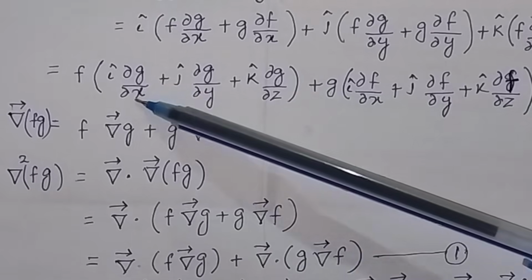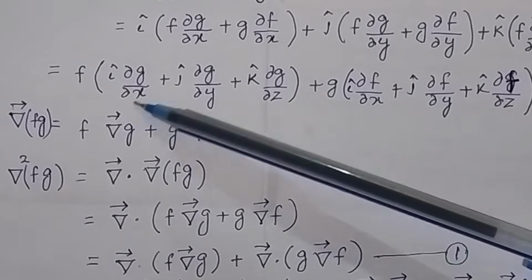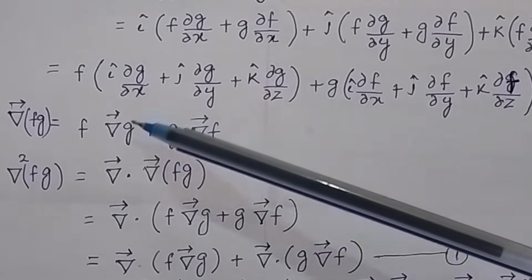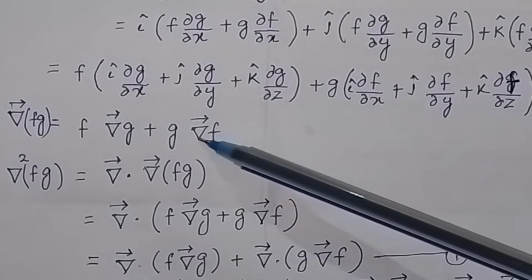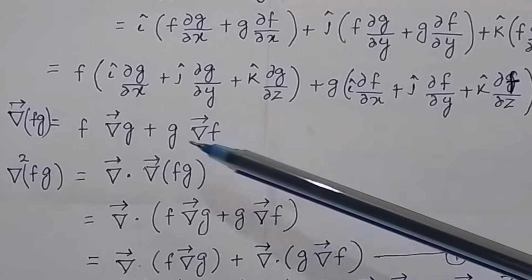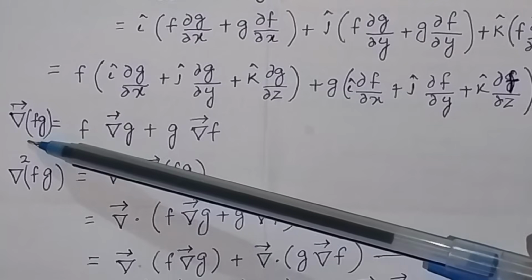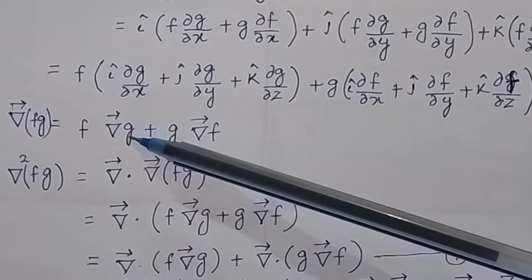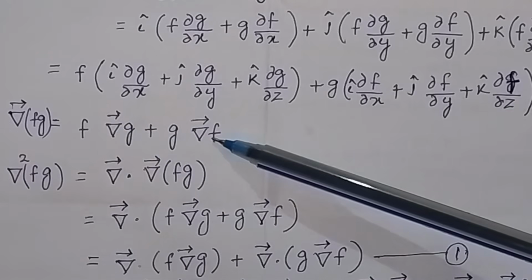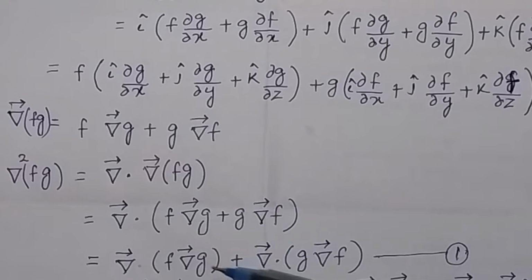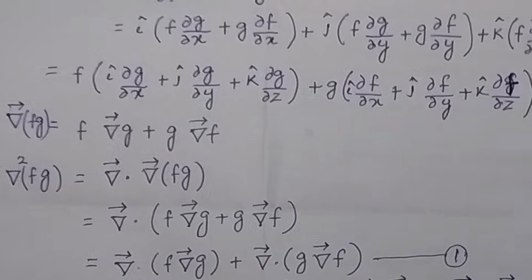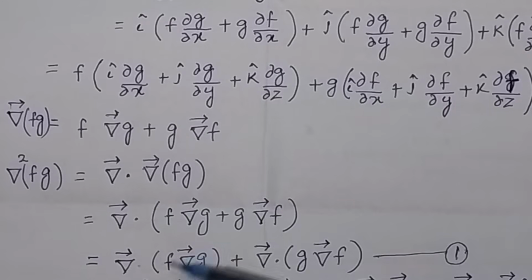Here you see what you have found: this is nothing but gradient of g, and this is nothing but gradient of f. That is why the gradient of fg is equal to f gradient g plus g gradient f. Then you substitute this value here. So this is equation number 1. Now we will find the value of each of these terms.